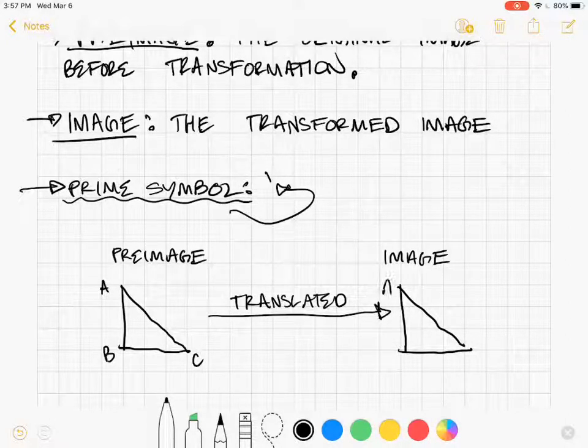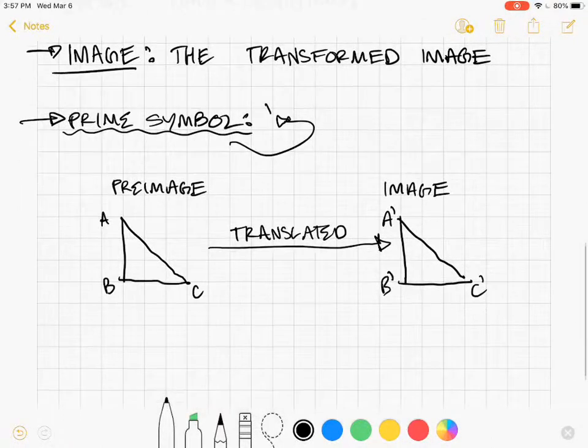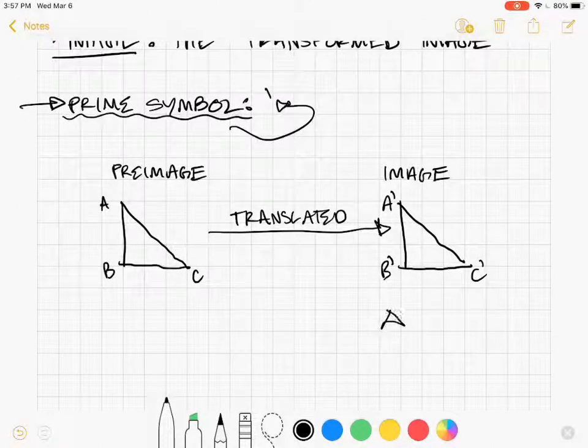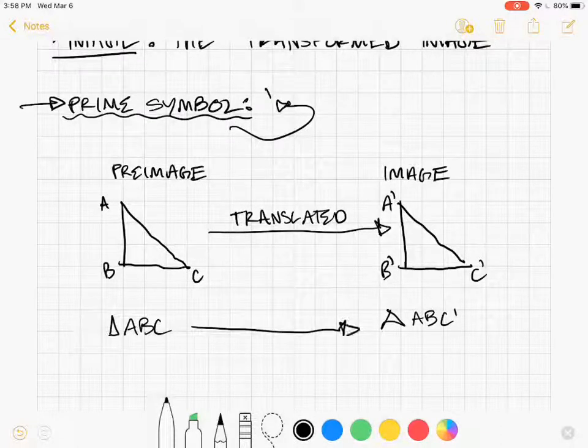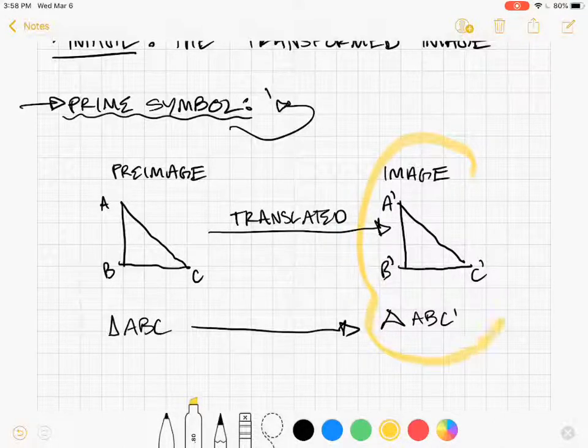We've still got corners A, B, C, but we've got corner A prime, B prime, and C prime. We put the prime symbol next to the letter. So this is triangle A'B'C' when it was triangle ABC. Now it's been transformed into triangle A'B'C'. So if you see the prime symbols, you know that this is the image that has now been transformed.